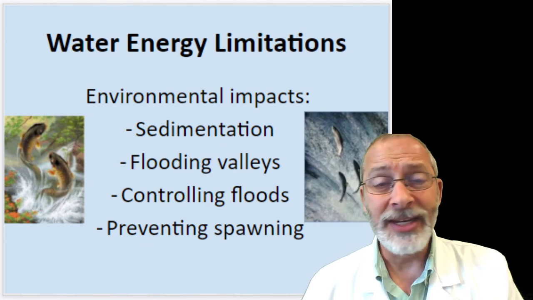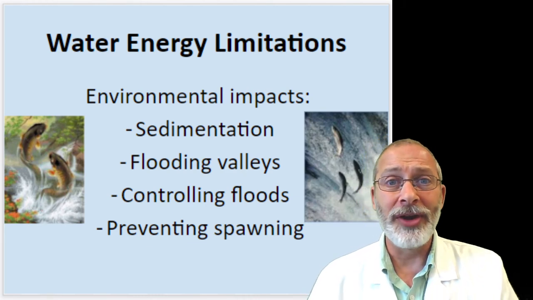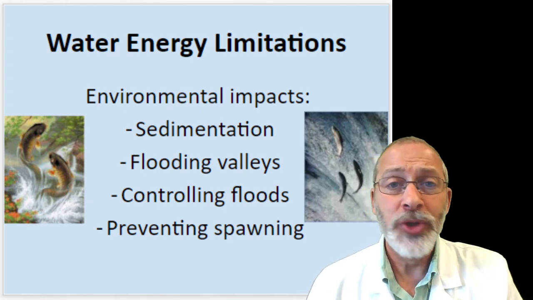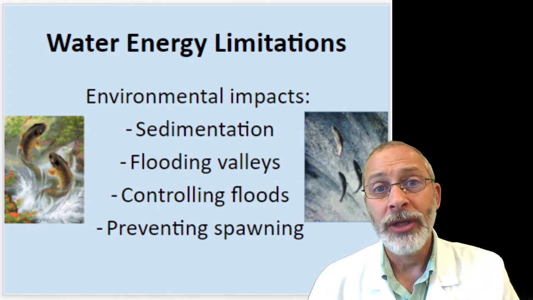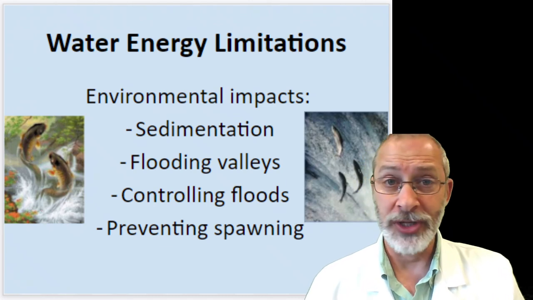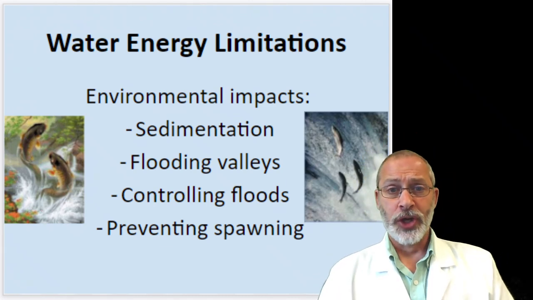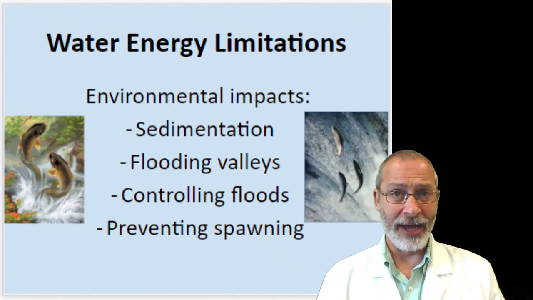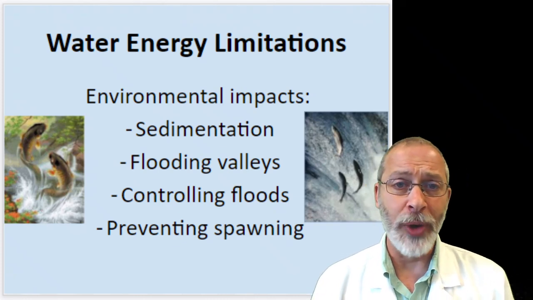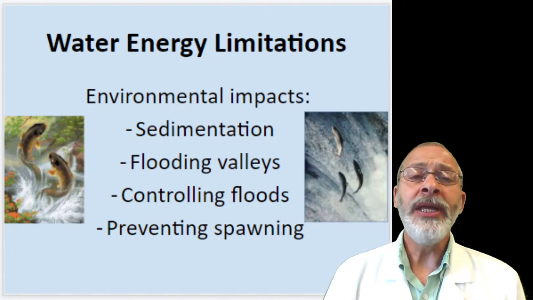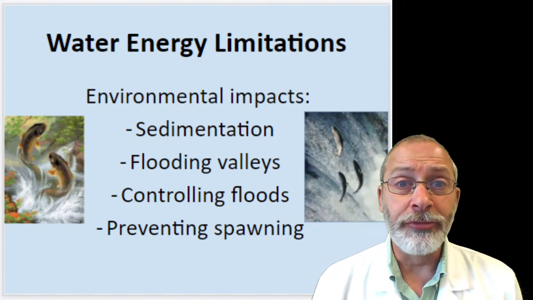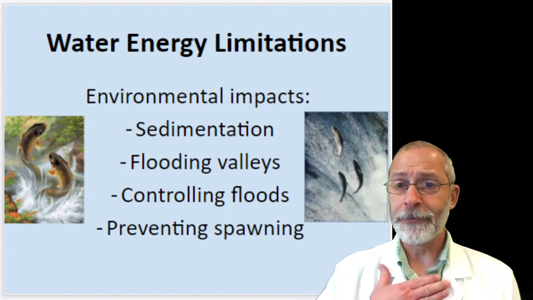If they hit a dam along the way, well, their species can come to an end if they have no spawning location to reproduce and produce another generation. And so this has been a major environmental impact on many rivers throughout the country in terms of the utilization of rivers for spawning fish.